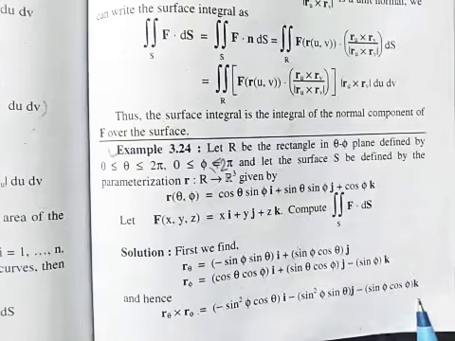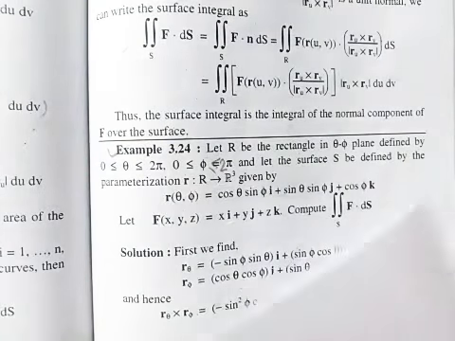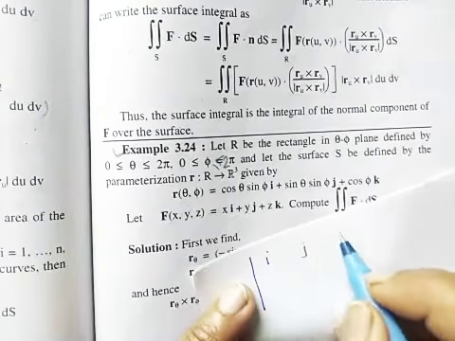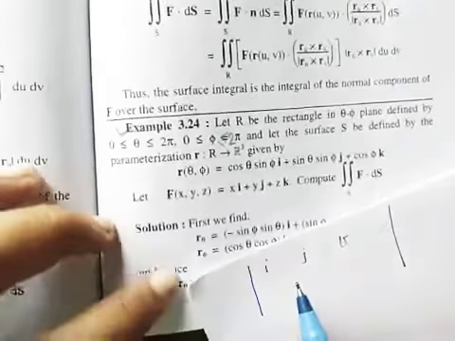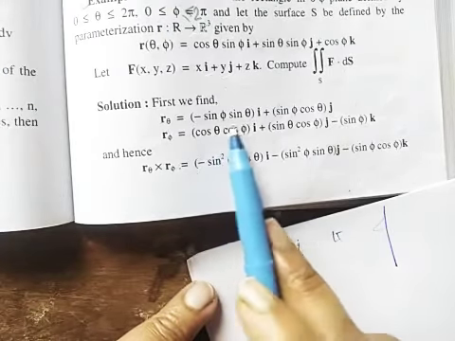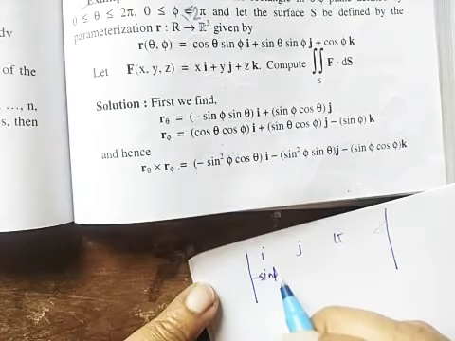Then we calculate the cross product. This is the cross product. How do we calculate it? We know how to calculate a cross product. That is the determinant of i, j, k. In the next row, what is r theta? Coefficient of i is minus sin phi sin theta.